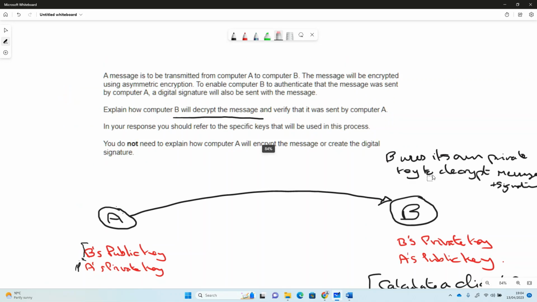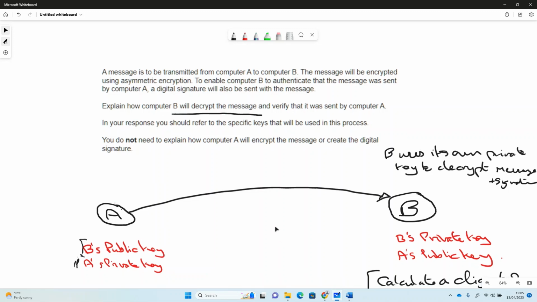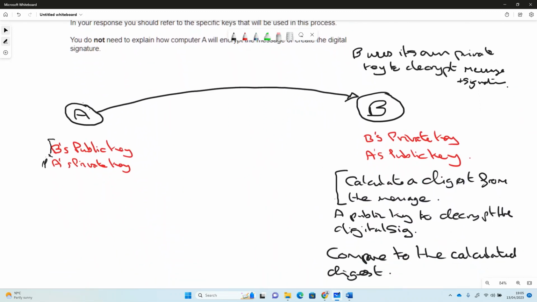And then this idea of creating a digest, again, we calculate a new digest or a new hash from the message, and then we use A's public key that we already hold to decrypt the digital signature, and then compare the calculated digest with the decrypted digital signature.